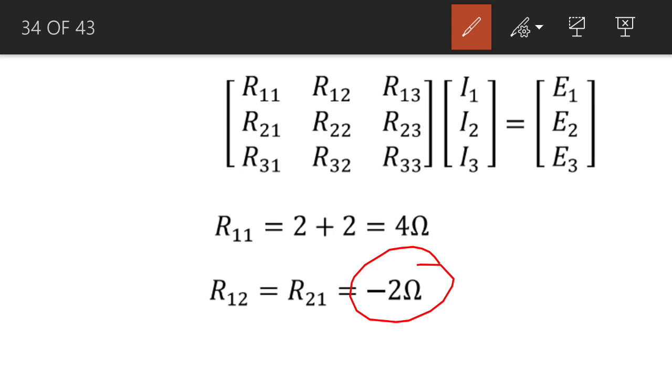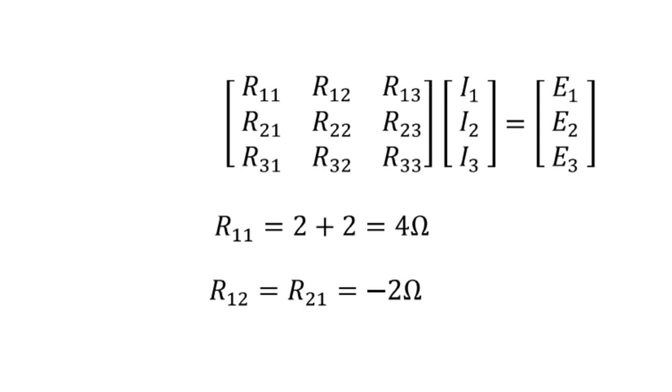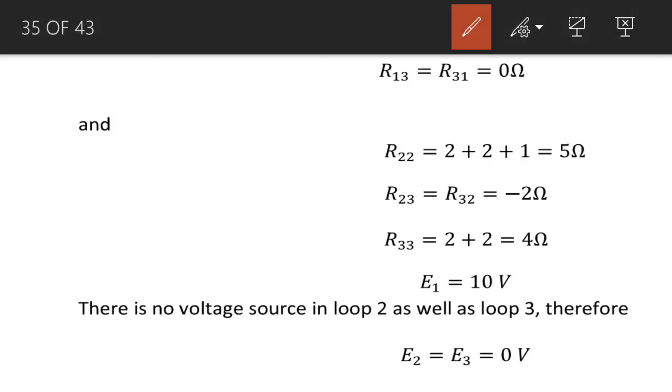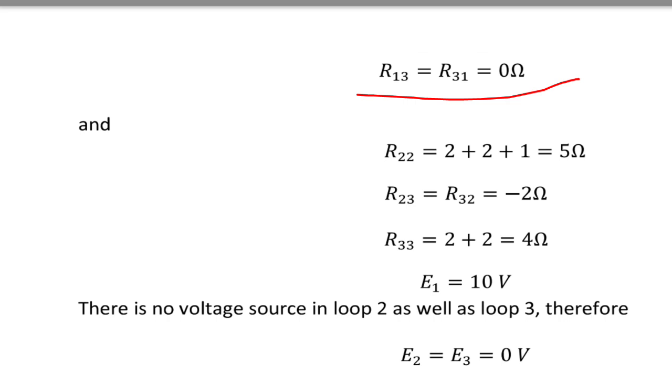Now we are going to find out R13. R13 is the resistance of the resistor that belongs to loop number 1 as well as loop number 3, and we know that R13 will be equal to R31.